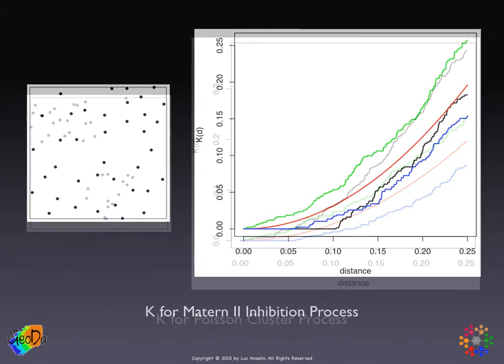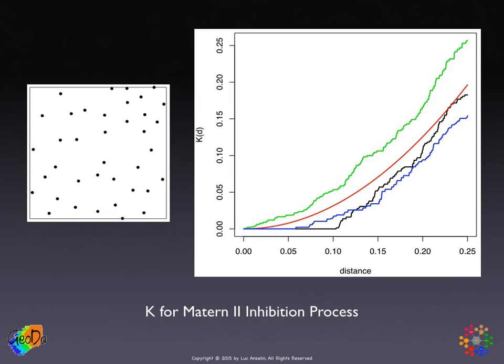The third one is a regular process, again using a Matern 2 inhibition process, and here we see the black line below the red line, clearly so at the shorter distances, but then it creeps into the randomization envelope for the larger distances.